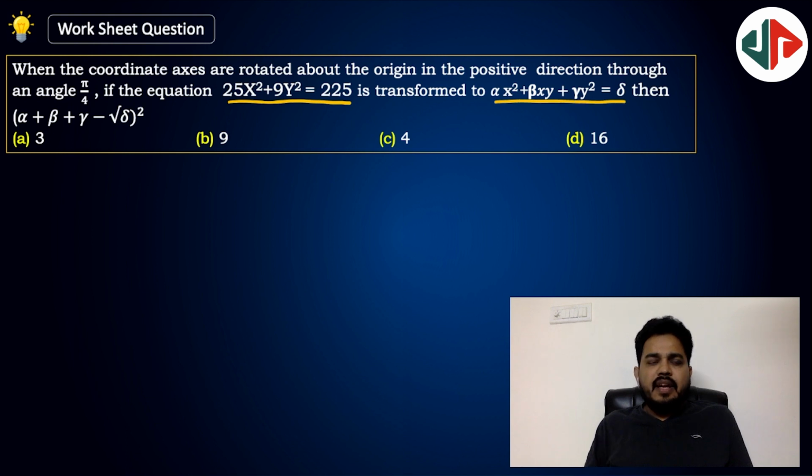The value of alpha plus beta plus gamma minus delta whole square is. So this is the original equation, this is the transformed equation, and theta is 45 degrees.